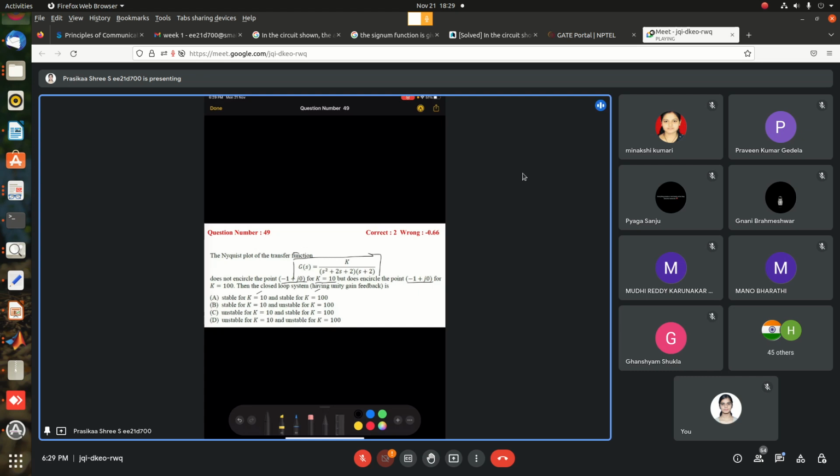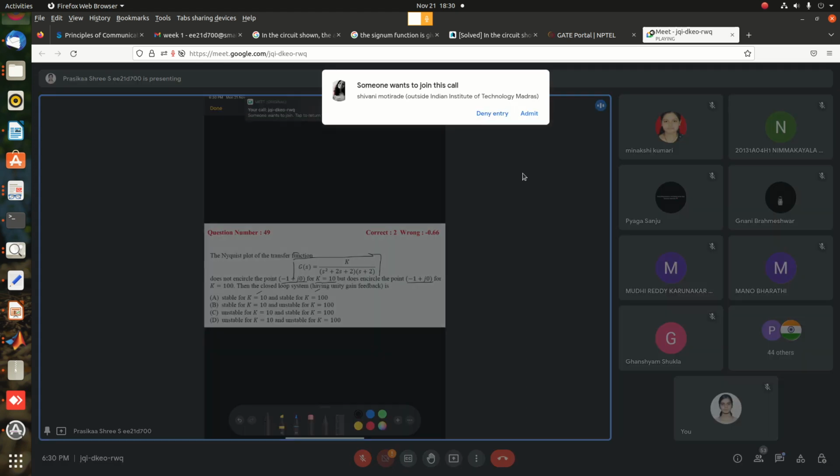So you need to know about the Nyquist plot in order to answer this question. See, for a system to be stable, the number of closed loop poles in the right half of S plane should be equal to 0, because in the right half of S plane there should not be any poles present. So try this question. Use the principle of argument equation.